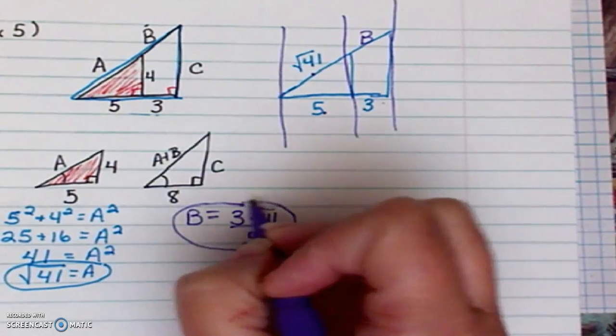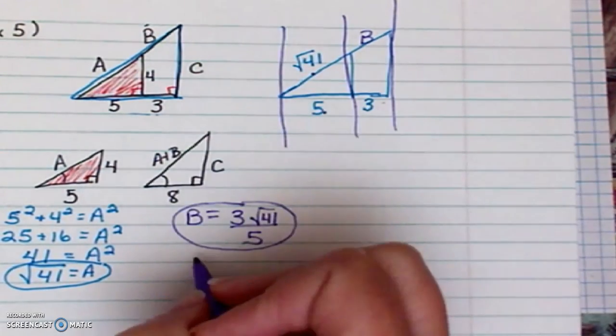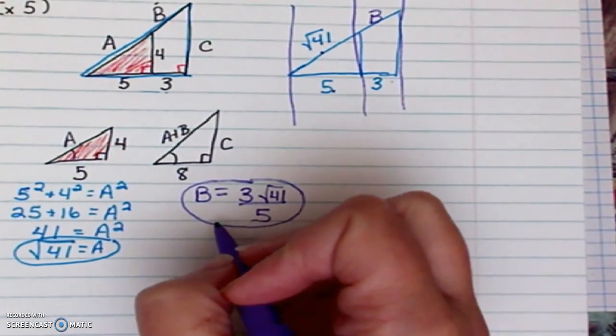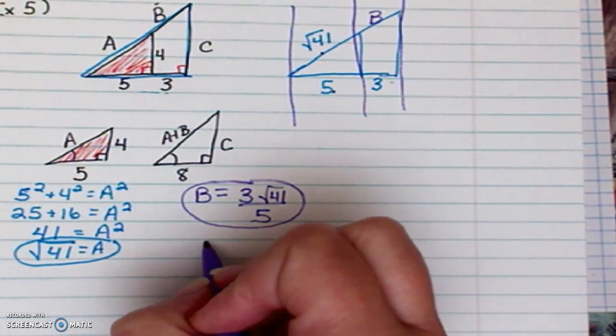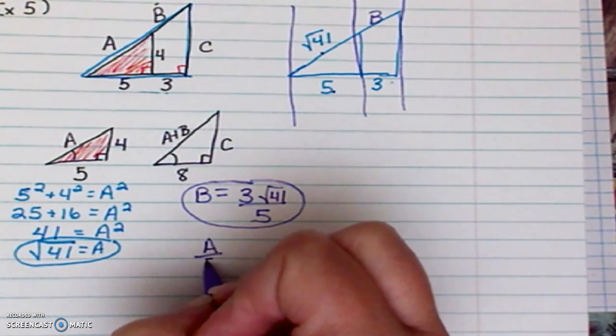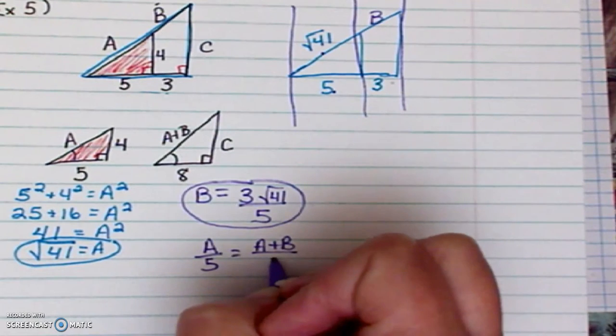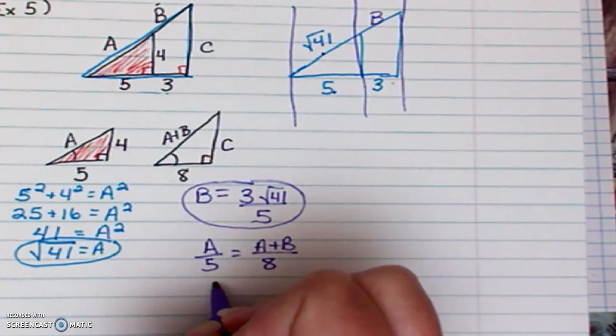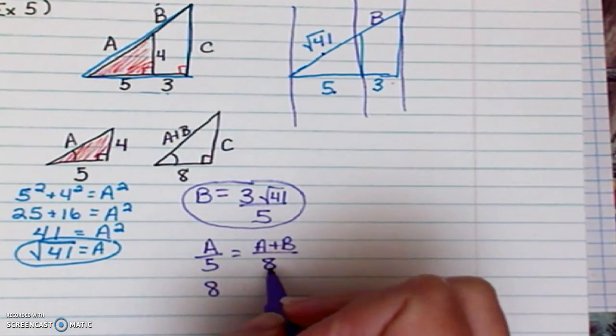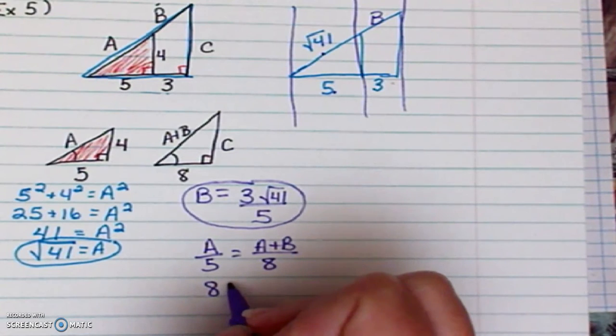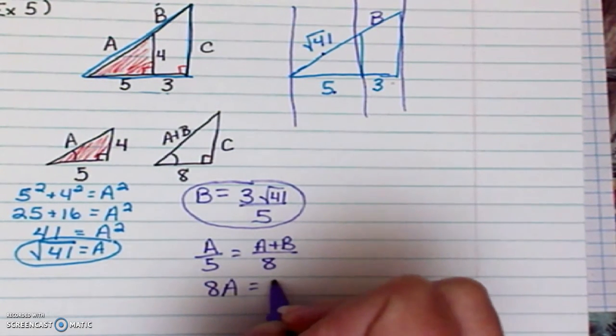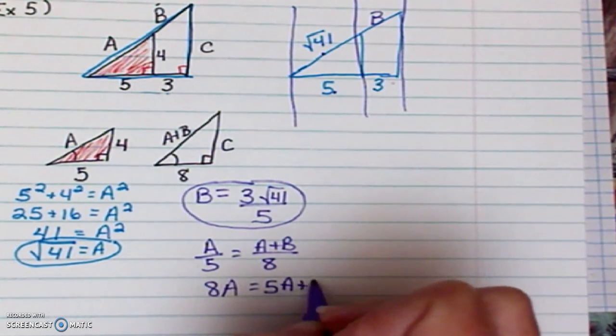I find that easier than trying to set up a proportion, because that proportion would look like a over 5 is equal to a plus b over 8, and you would cross multiply. I mean, this is doable, but you're going to have 8a is equal to 5a plus 5b.